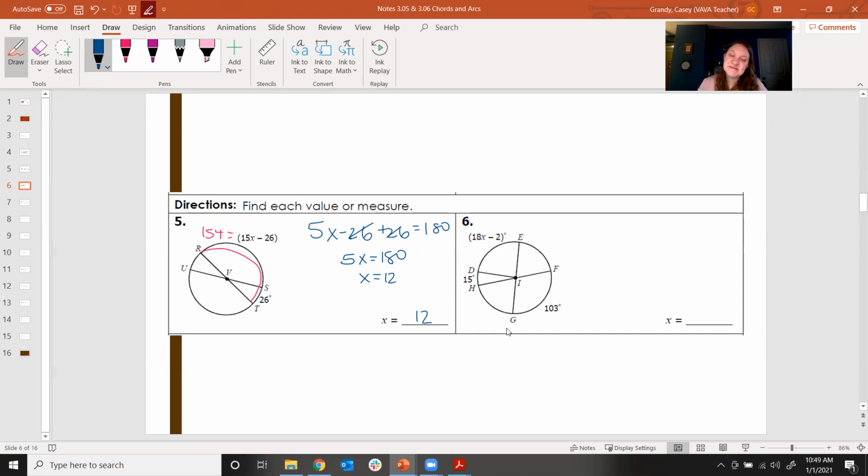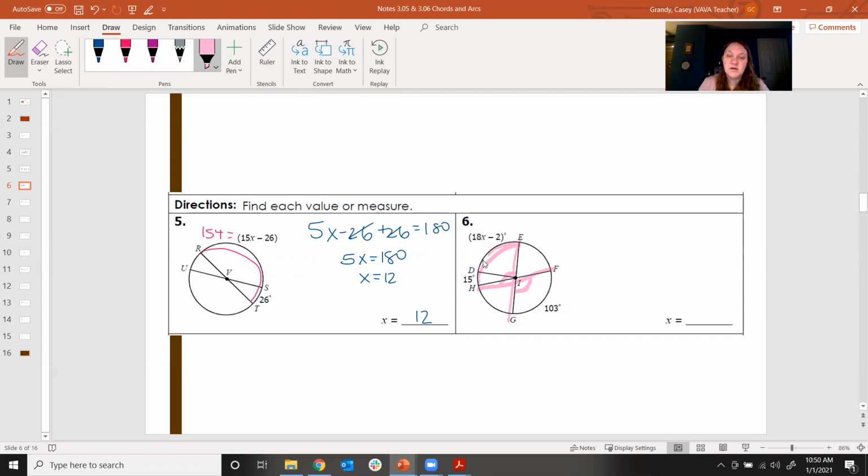Over here, number 6. Let's see here. I know that arc DE is 18x minus 2. Arc DH is 15. And arc FG is 103. Okay, so I actually see some vertical angles here. I'm going to ignore this little guy for just a second. This is 103, which means this angle is 103.